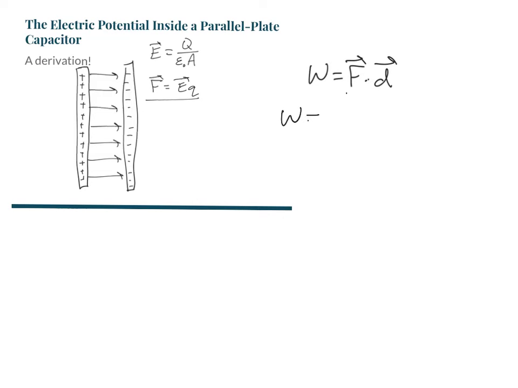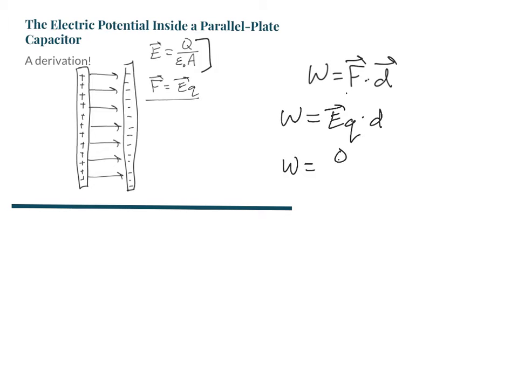The work done on a particle, if we're moving around inside the capacitor, is the field of the capacitor times the charge of the particle we're working with times the distance that particle is moved. And if we want to substitute even further, we could say that work equals the field, and we'll substitute in this expression for field.